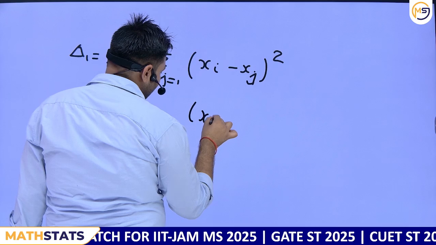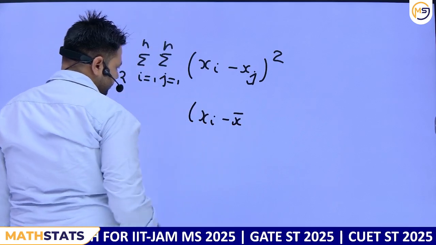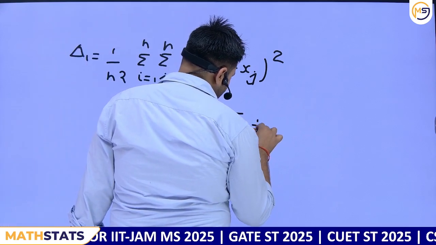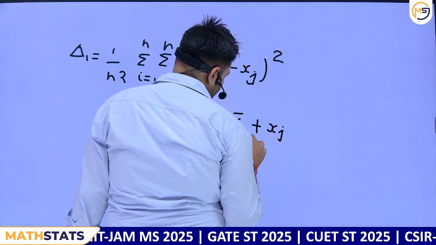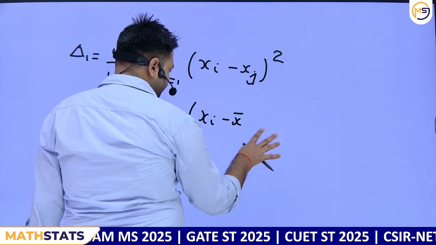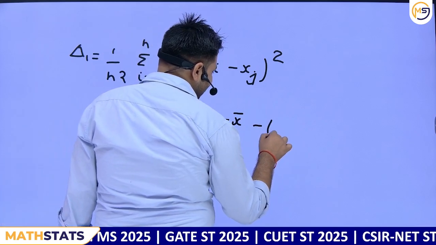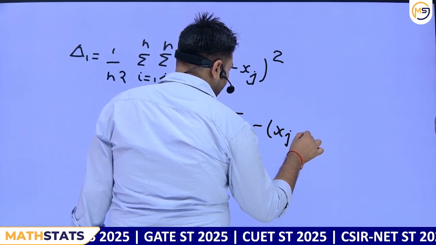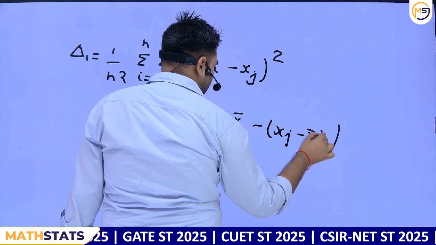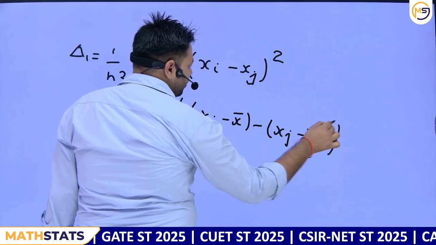So (xi minus x bar) minus (xj minus x bar), this whole square.